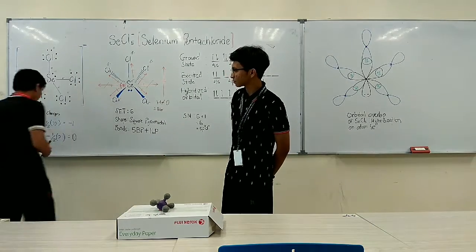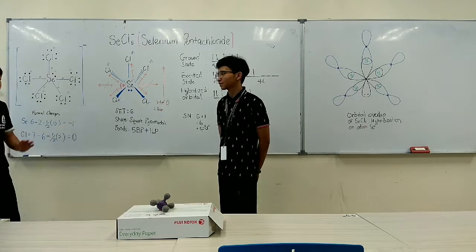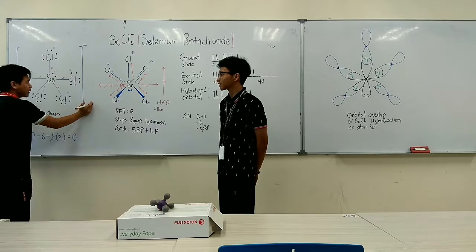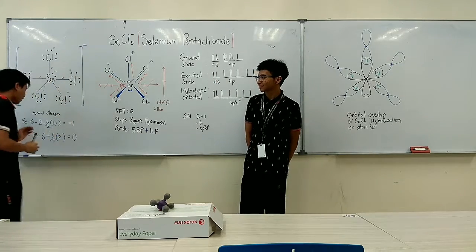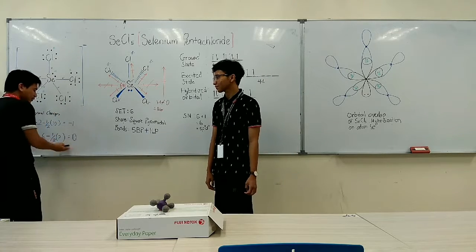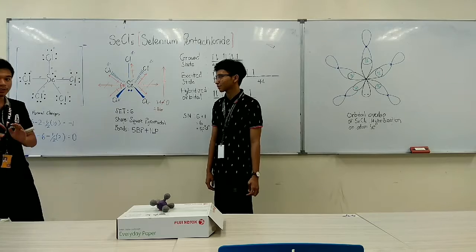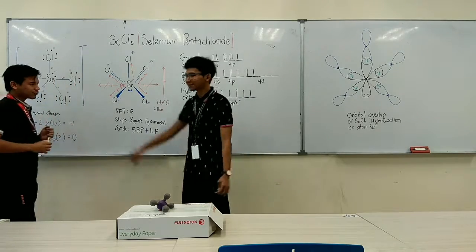So, the total of the formal charges is -1. That makes sense when this polyatomic ion has a negative charge of 1. And these formal charges are the least, so that's why we get the best Lewis dot structure for this compound.